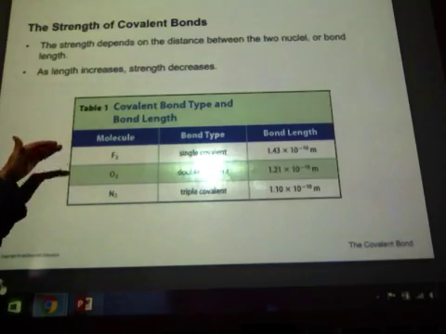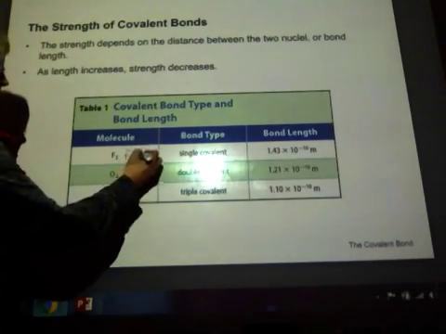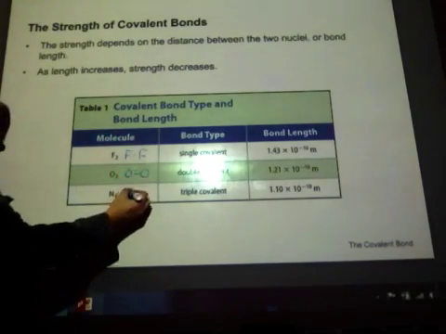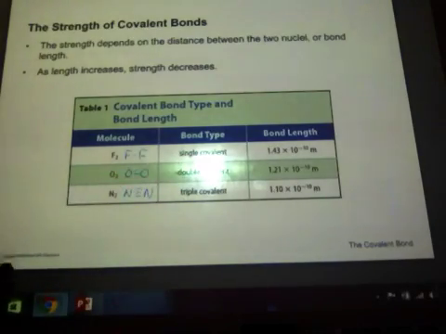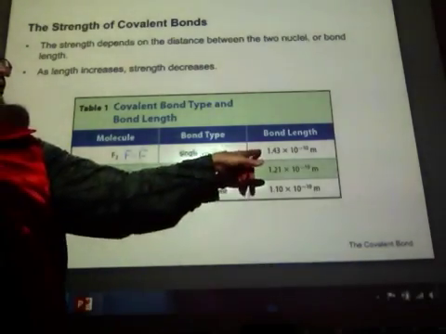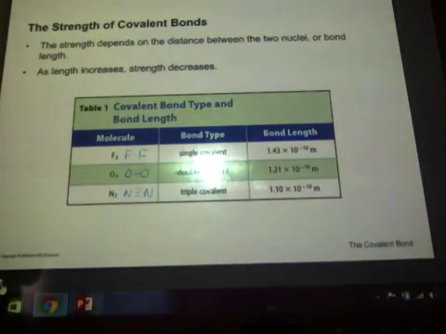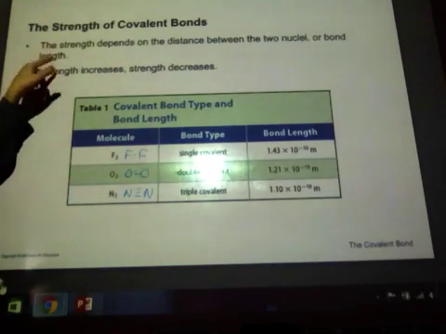And here, I touched on this a little bit. Here's a single bond, and I'm not going to draw all the dots. Here's a double bond. Here's a triple bond, so it tells you there. The bond length, notice the length gets shorter, so it holds them tighter together. The strength depends on the distance.